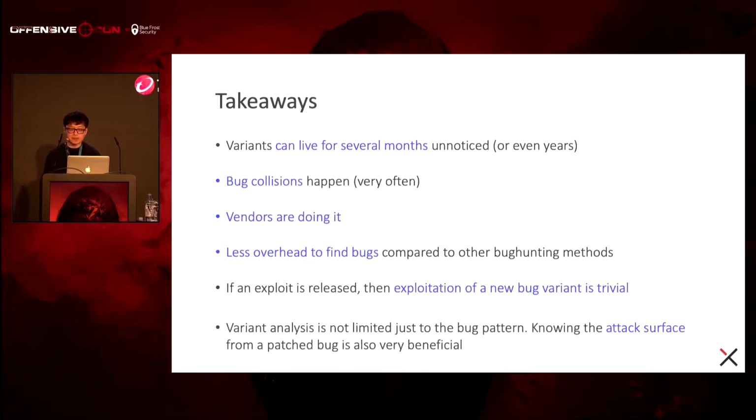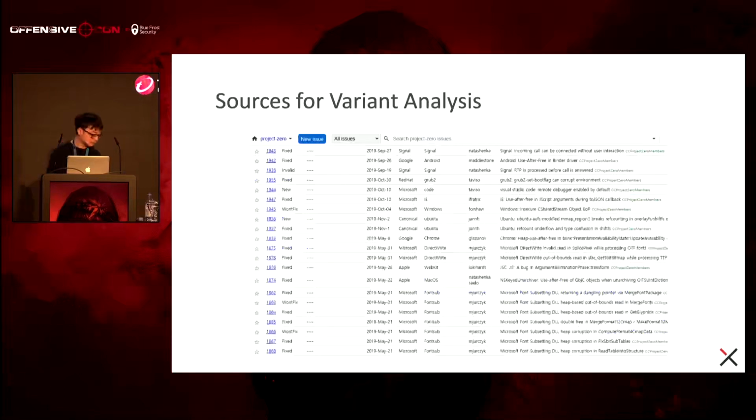And also, if there's a full-blown exploit for the original bug, then exploiting a new variant of it is very trivial. Finally, variant analysis is not only useful in finding similar bug variants, but it also helps in knowing where other researchers are looking to find their own set of bugs.